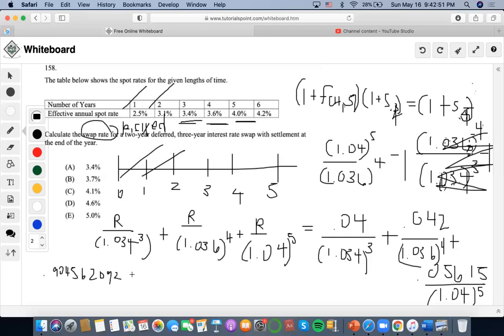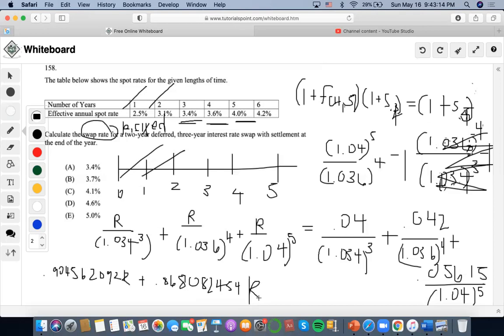Now, R plus 1 over 1.036 to the 4 will be 0.868082454.